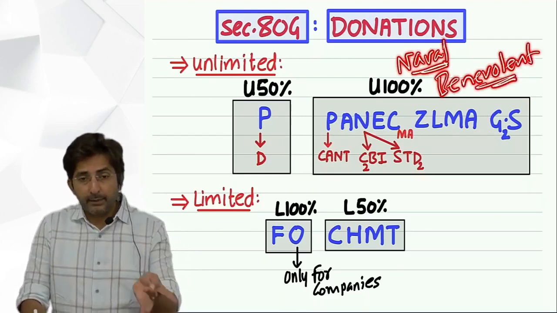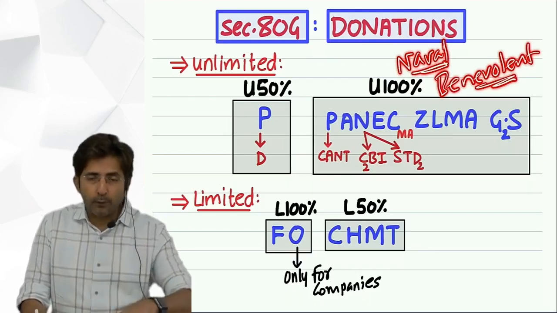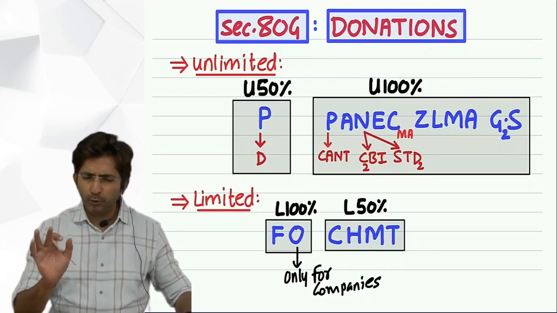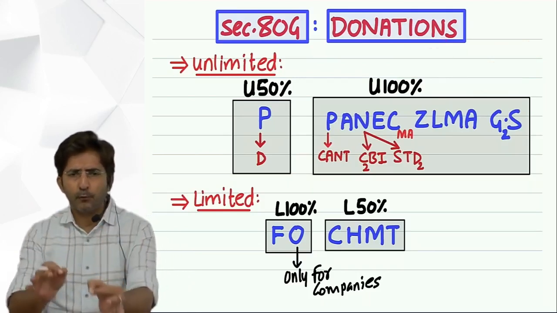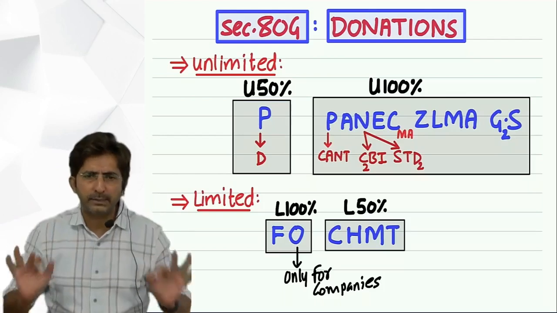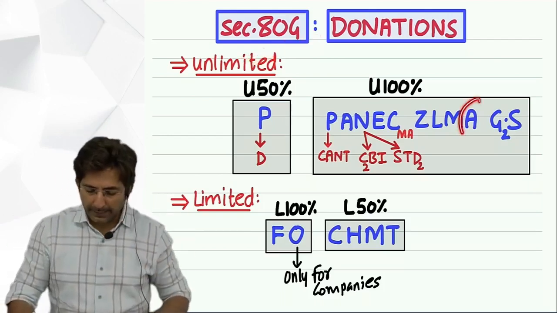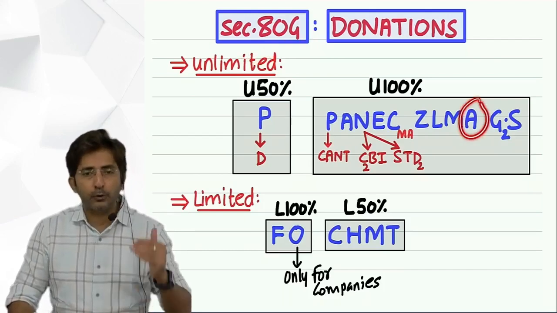So Indian Naval Benevolent Fund is a fund for the benefit of Indian Navy. You don't have to remember the exact words. You just remember Army, Air Force, Navy related fund. If it comes in exam, you will get deduction under ATG. So that was A. A for Army, Air Force, Navy.